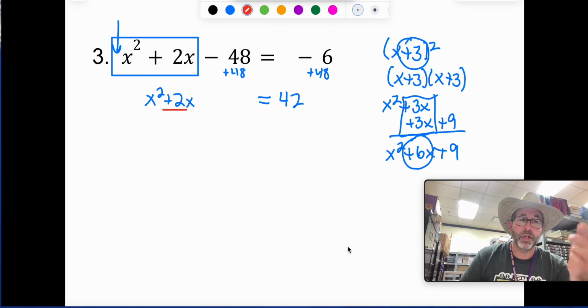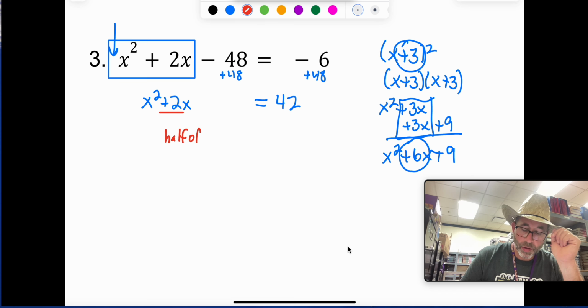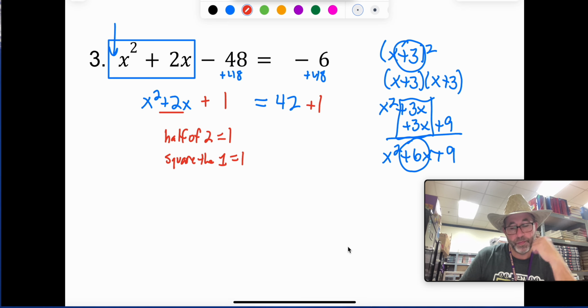In order to find this, we're going to cut it in half. So if I take half of 2 is equal to 1. Okay, and then I square the 1. That means what we're going to do is 1 squared is just 1. That means we're going to add a 1 here, and we're going to add a 1 over here.